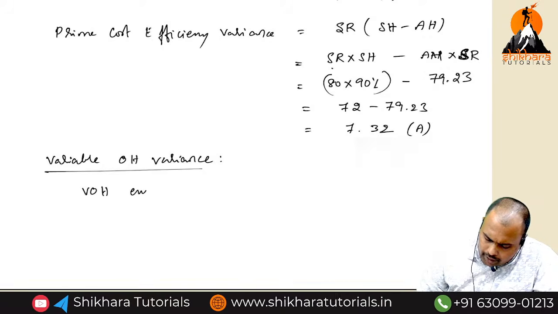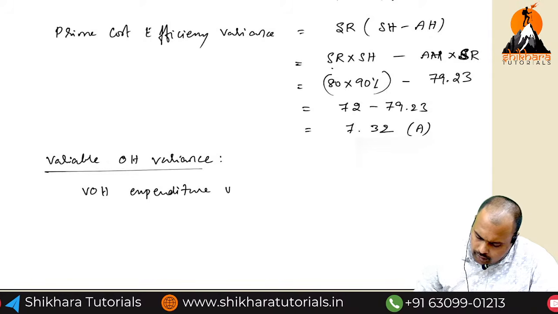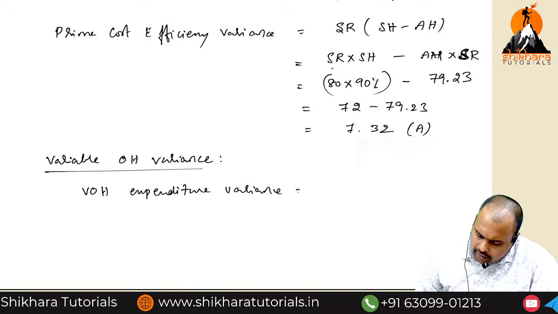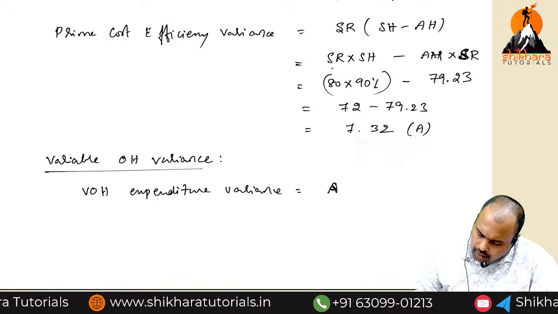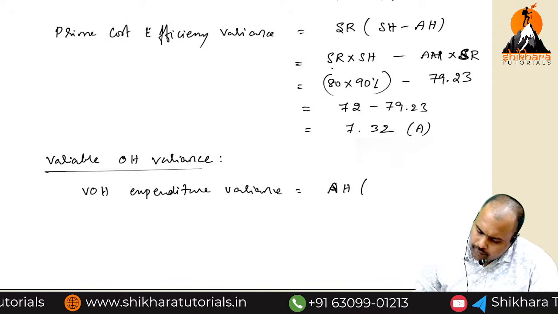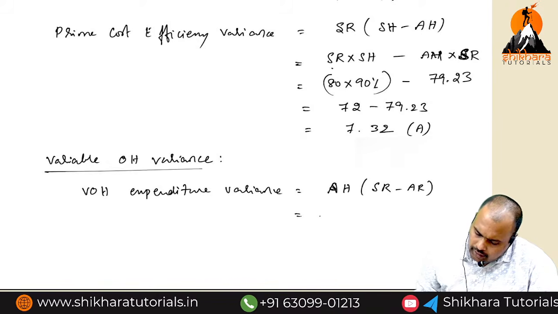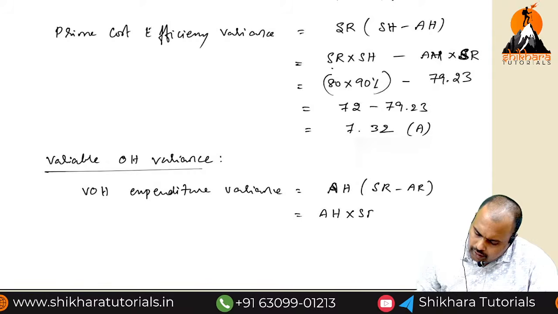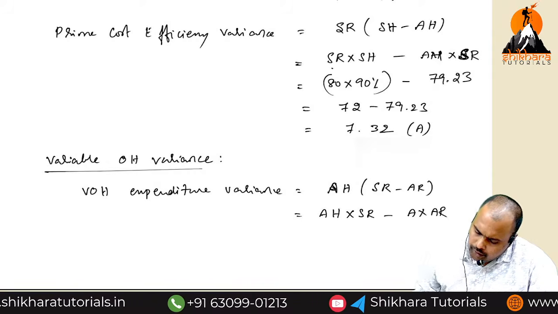Variable overhead expenditure variance is equal to actual hours into standard rate minus actual rate, which is AH into SR minus AH into AR.